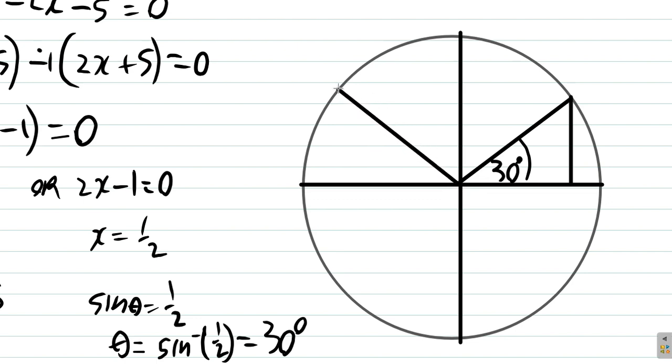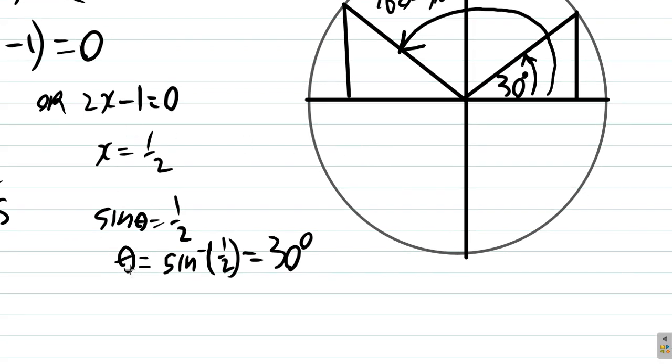So, if we consider here, this angle is 30. But that's not the angle that we're really looking for. The angle is measured from 0 in an anti-clockwise direction. So this angle is 30. But the other angle we're looking at is this, which is 180 minus 30. So call this theta 1.